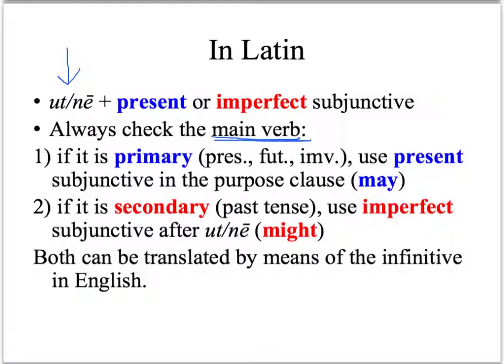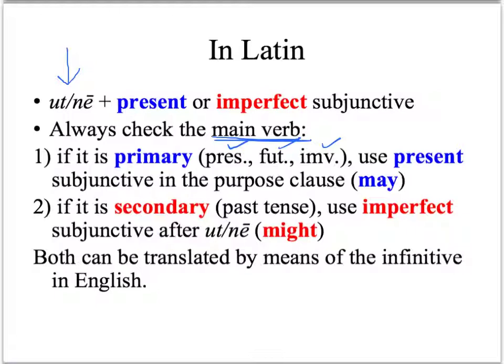If the main verb is primary, which means if the main verb is present, future, or imperative, use the present subjunctive after the ut or ne in the purpose clause. In English, this corresponds to the helping verb may.